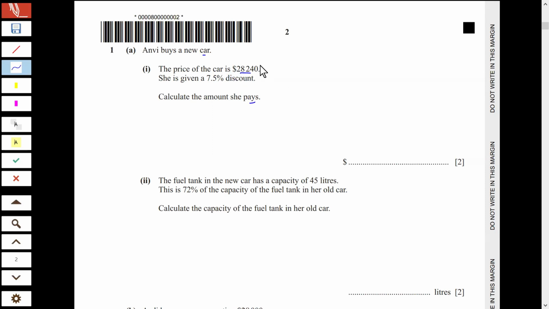Now, the cost price of the car is $28,240. So let's say the cost price, CP, this is $28,240. Now, let's consider this amount as 100%.